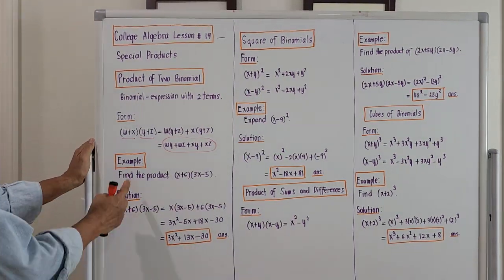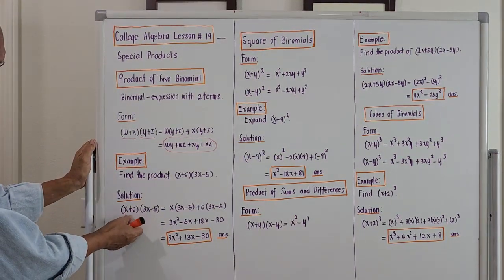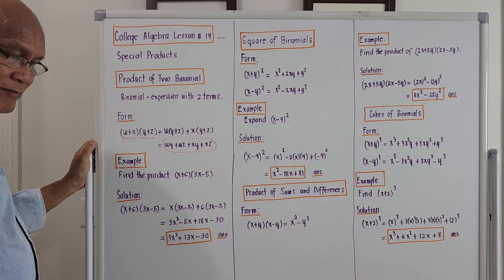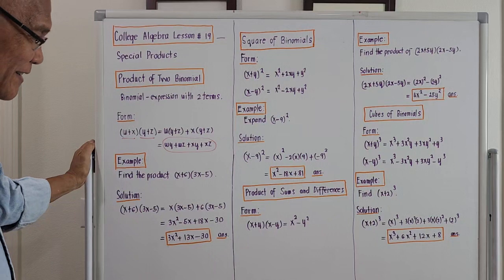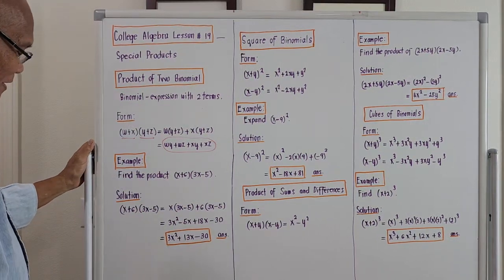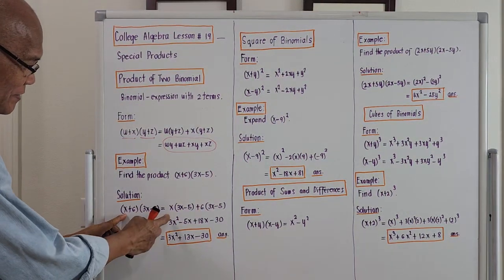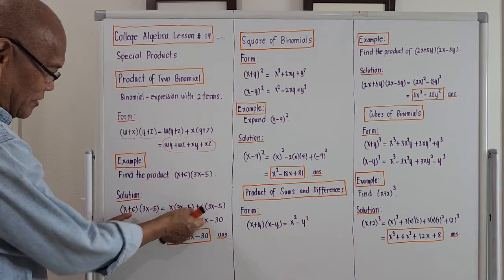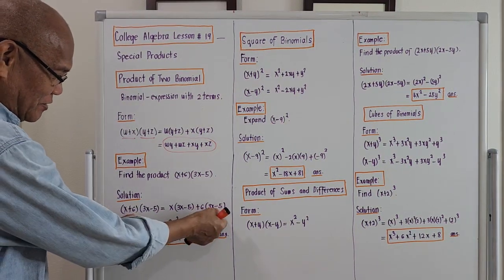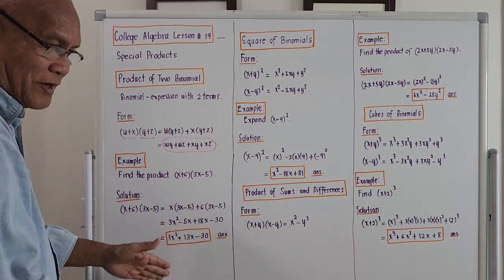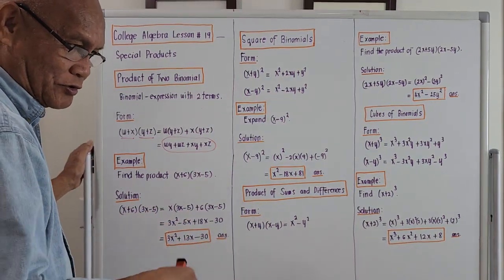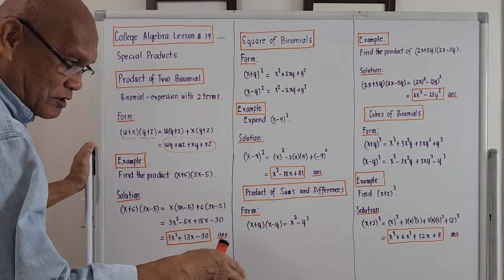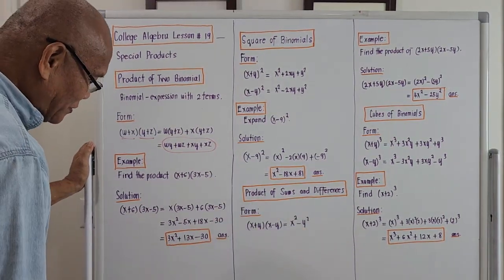So if we try to bring out the solution, the product of the quantity x plus 6 times the quantity 3x minus 5, it will be x times the second binomial, plus 6 times the second binomial. Then try to apply your knowledge of the so-called distributive law, plus some other laws of exponents.